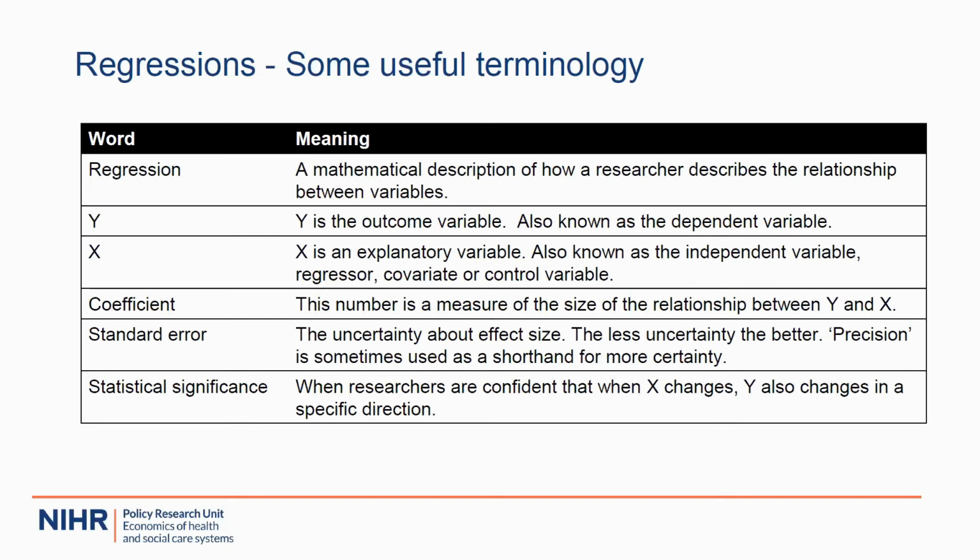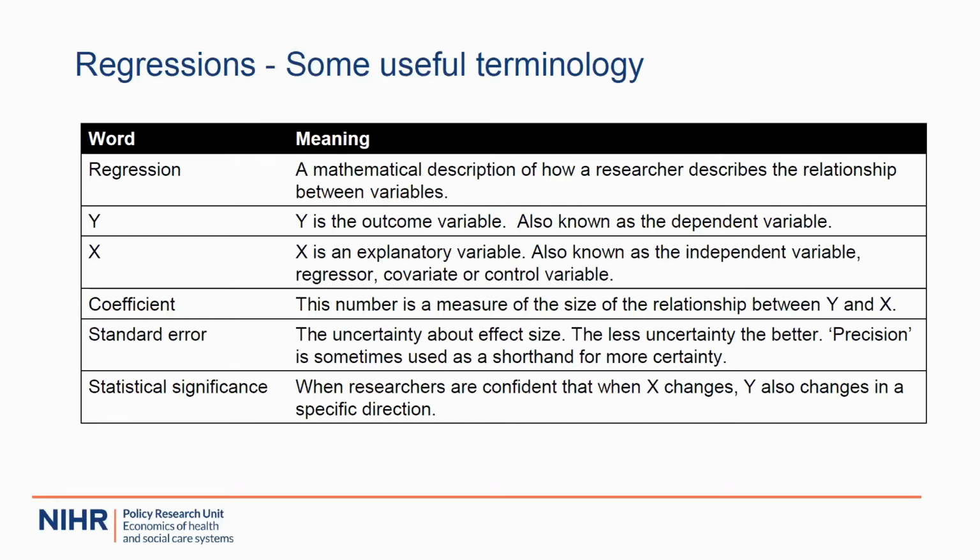There's also what we call a standard error, and that's purely a statistical term for understanding how uncertain we are about the coefficient, about the value of the relationship. So ultimately, the coefficient is the best estimate. That's what we think the relationship is. And then the standard error tells us how uncertain we are about that being the correct value, if you agree with the assumptions of the equation.